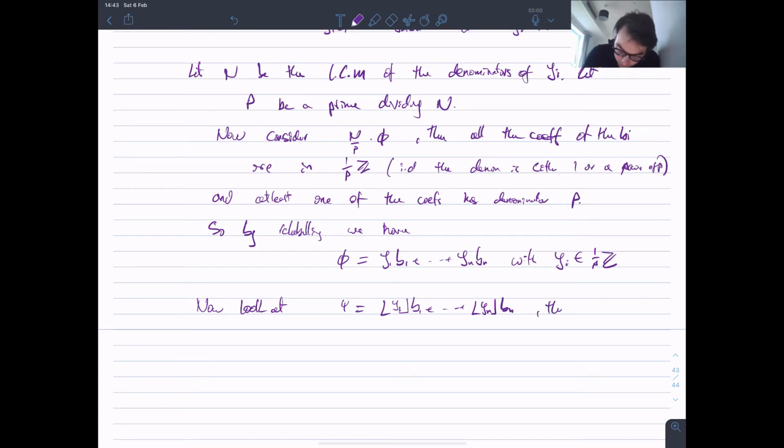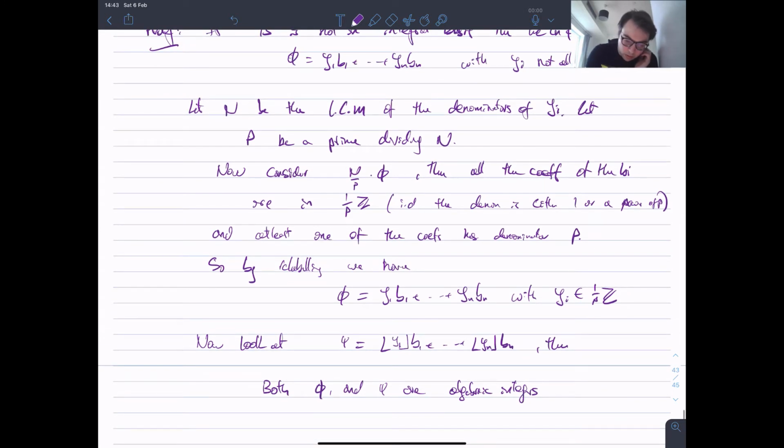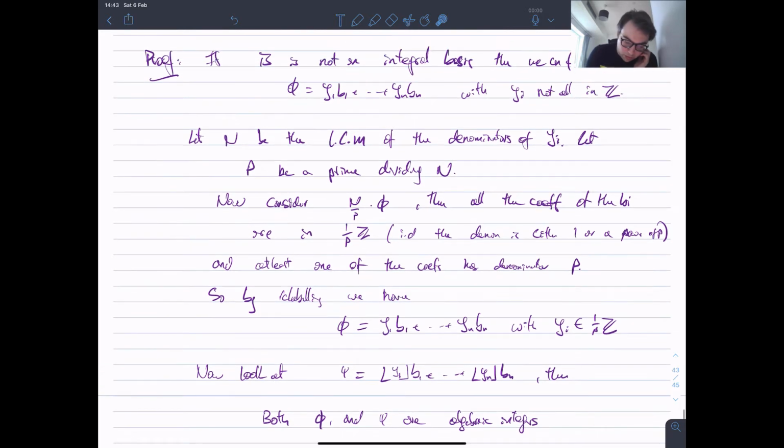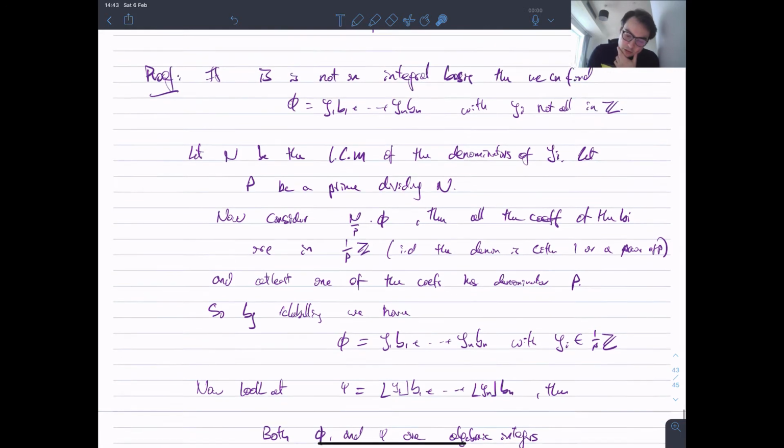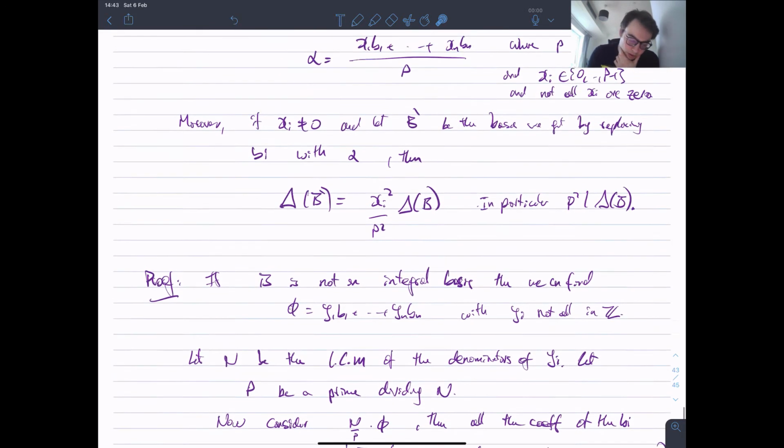Then both phi and psi are algebraic integers. Why is this? Well, phi originally was an algebraic integer, which we took up here. And psi is a linear combination, and these bi's are all algebraic integers by our assumption of the theorem.